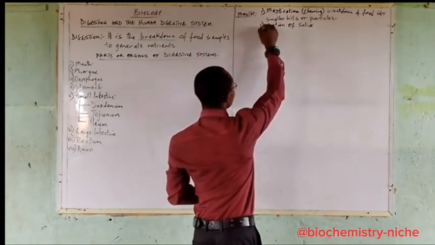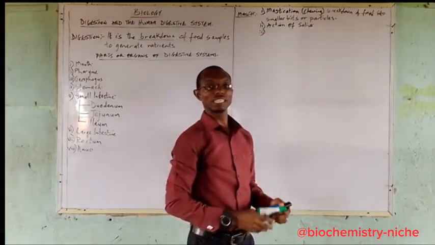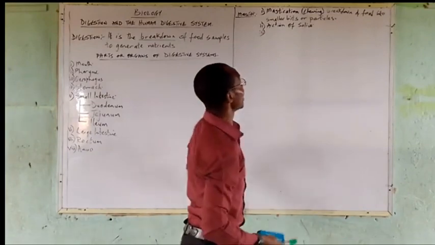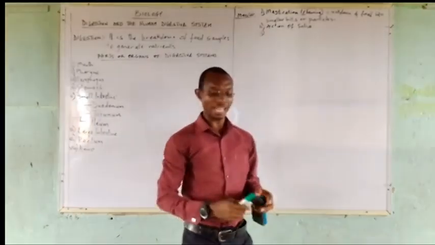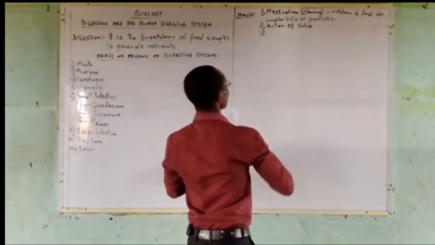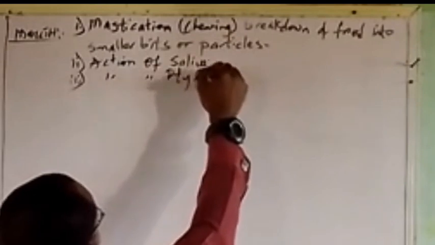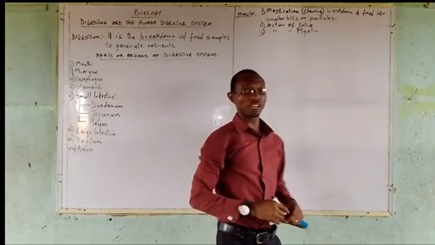And then the third thing that happens in the mouth is actually from the saliva. In the saliva, we have an active enzyme called Ptyalin. Action of Ptyalin. Ptyalin is found in the saliva.